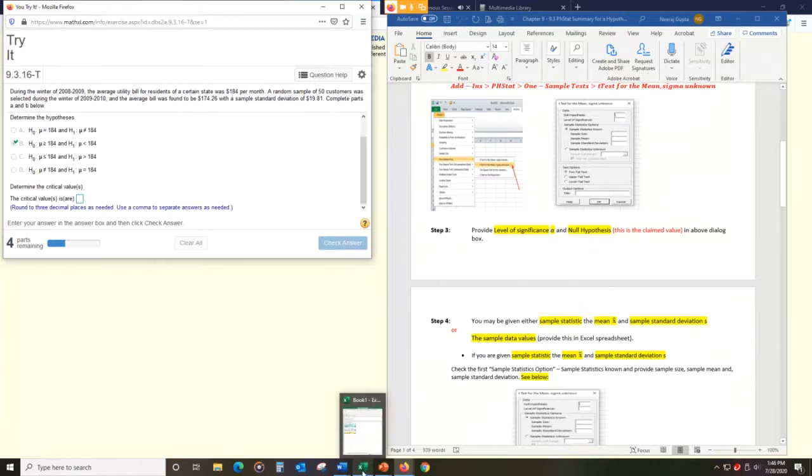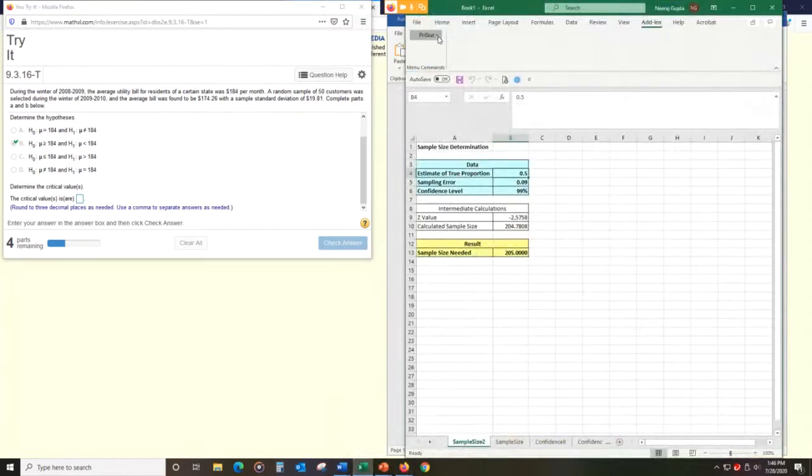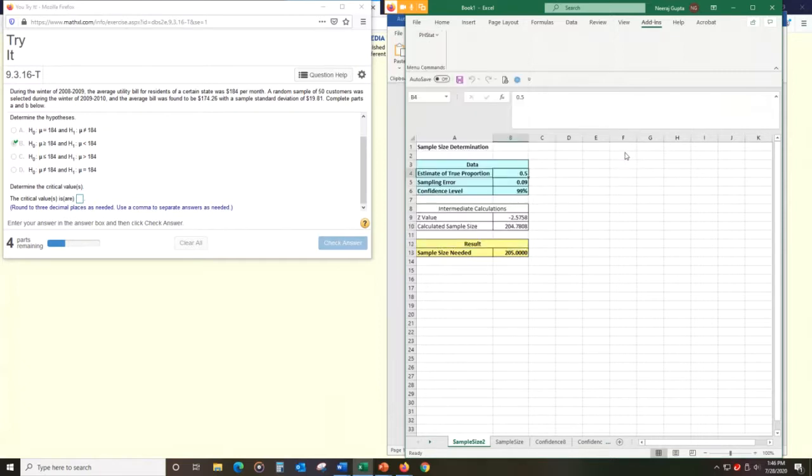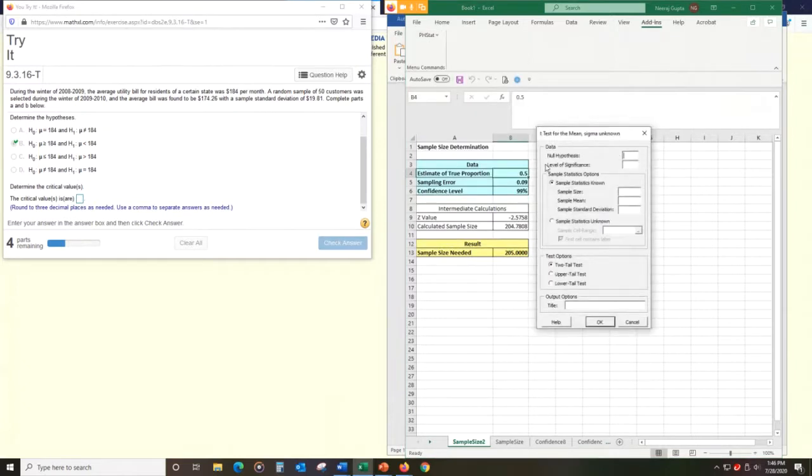So let's open from our Excel. We are not using z-test for sigma known because sigma known is never there. So we are using t-test for sigma unknown, and it opens up this window.